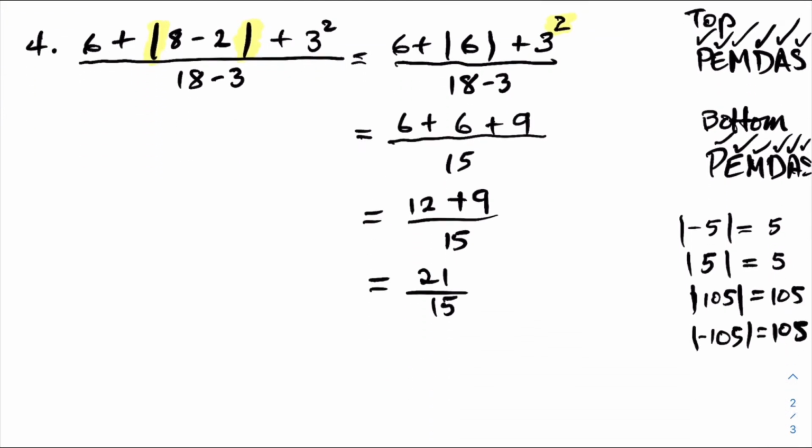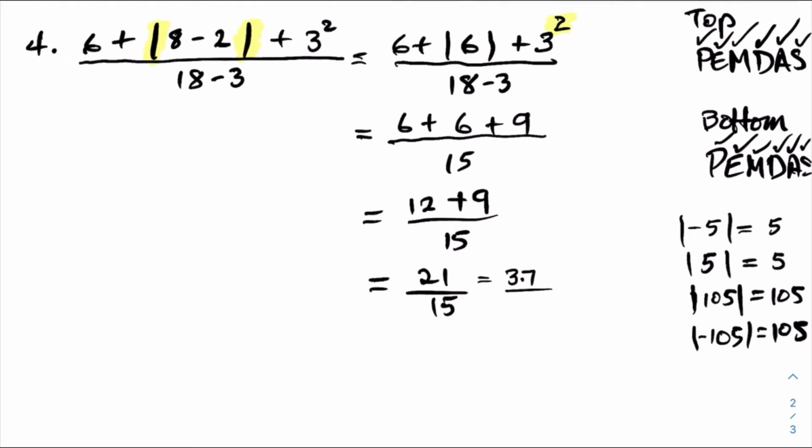In this case, this fraction we can simplify further, because there is a common factor between 21 and 15. 21 is 3 times 7.